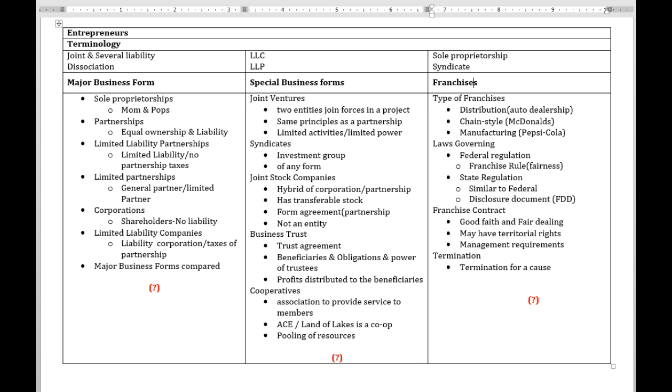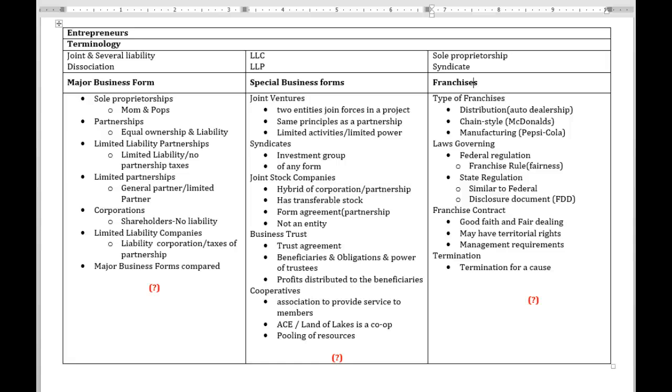You have a chain style, which is different than a distribution, because a chain style is usually fast foods, and it's a McDonald's or an Arby's or a Burger King. Many of them out there. And then there is a manufacturing franchise, such as Pepsi-Cola, where they actually manufacture the product under the franchise charter.